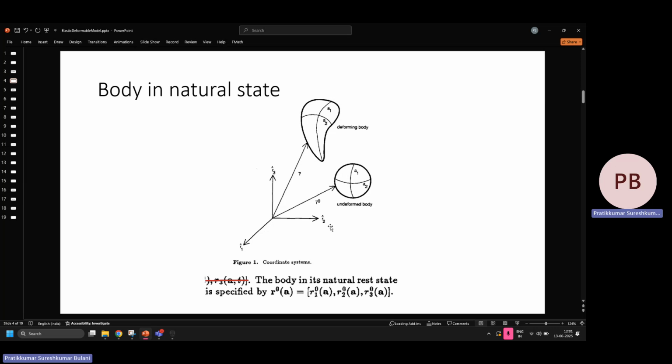The 3D space values in the natural rest state are given by X superscript 0, Y superscript 0, Z superscript 0. So XYZ is R1, R2, R3. Over here, they are not giving the time because time is not present for the rest state. So this R0 gives you the undeformed body, the natural state body.